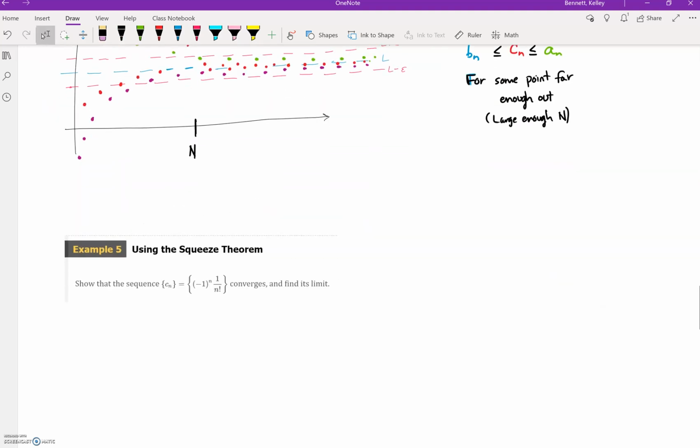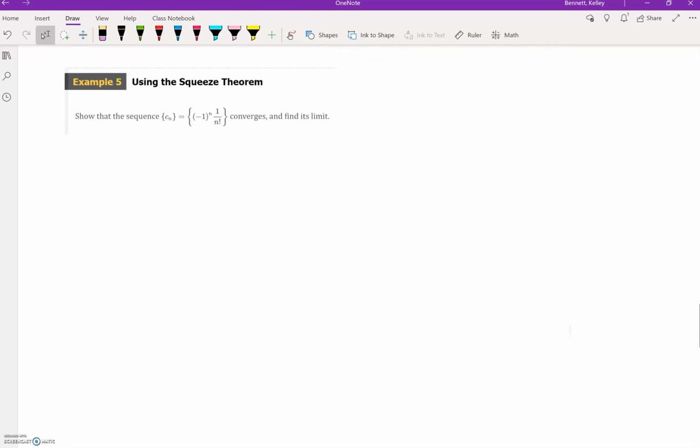So we're going to use the squeeze theorem now on this one. This is a little bit of a challenging example, so I'm going to set it up. I might break it up into two parts. We'll see what happens.